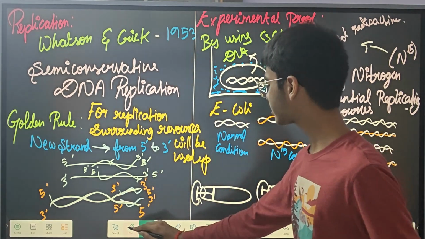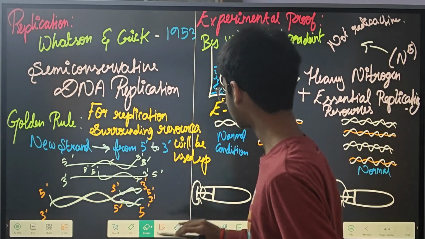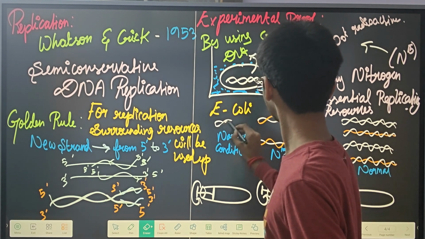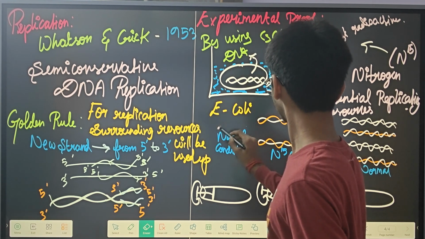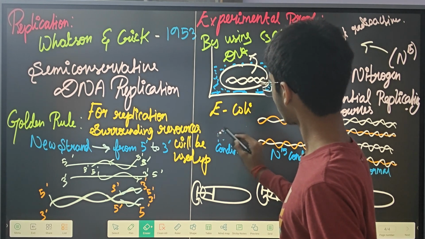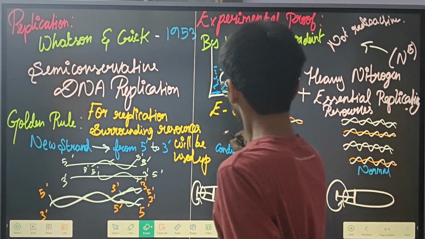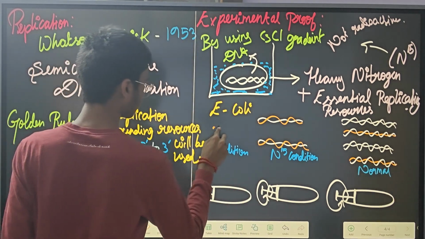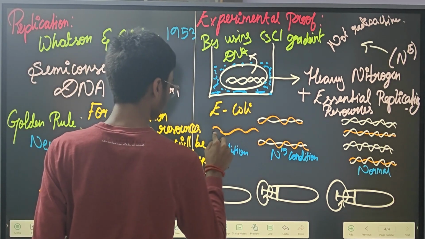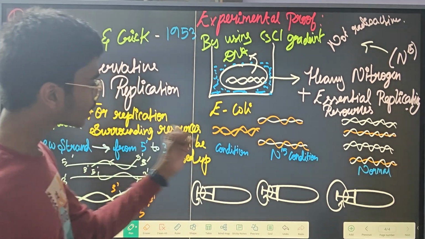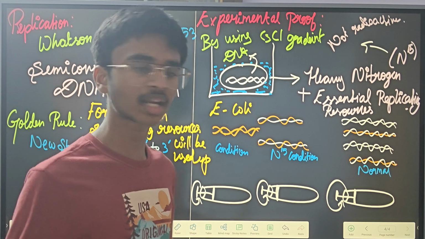It will not be like this. Instead of being like this, it will be like this. Only heavy nitrogen will be there. The normal DNA strand will not be there.